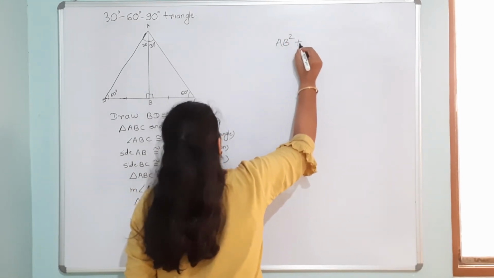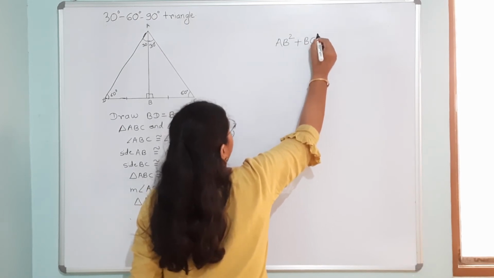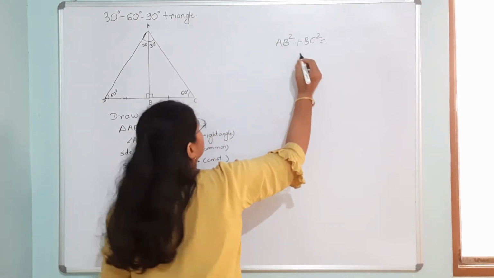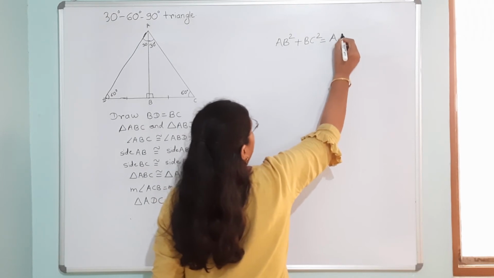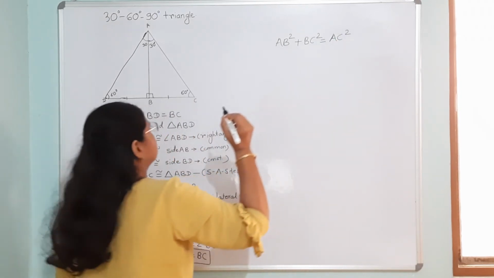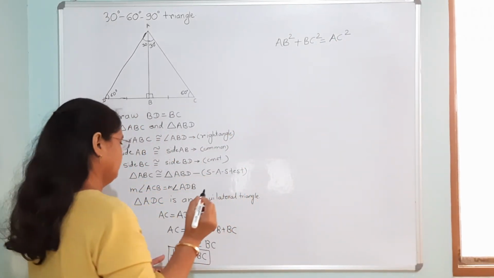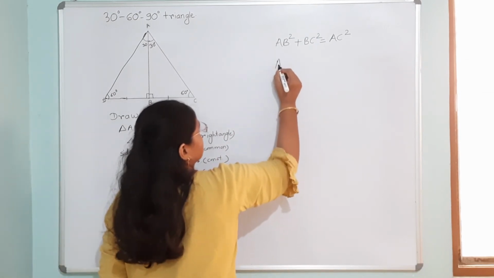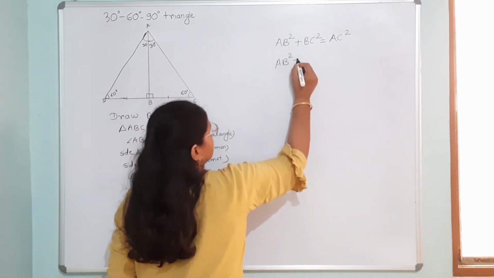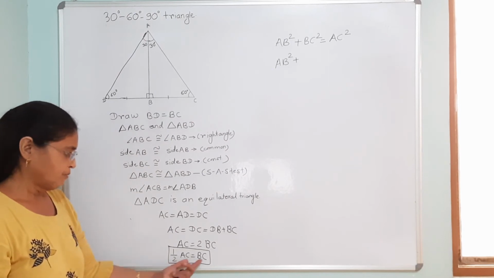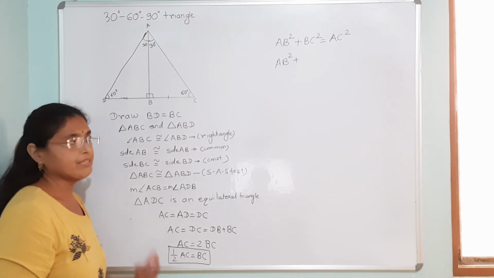AB square plus BC square equal to AC square. Now, we have just proved BC is equal to 1 upon 2 AC.